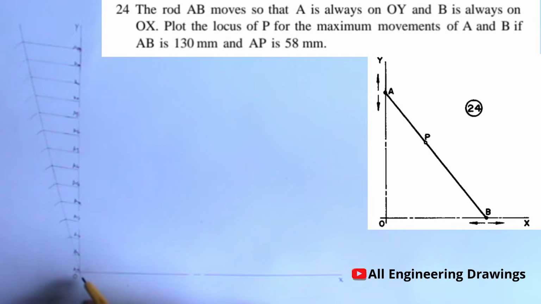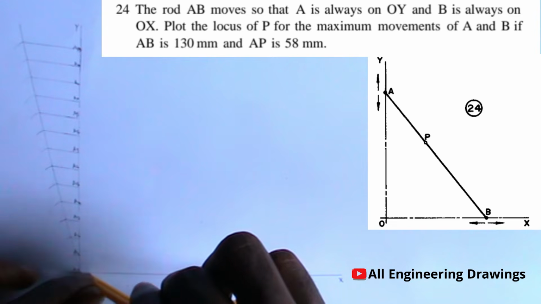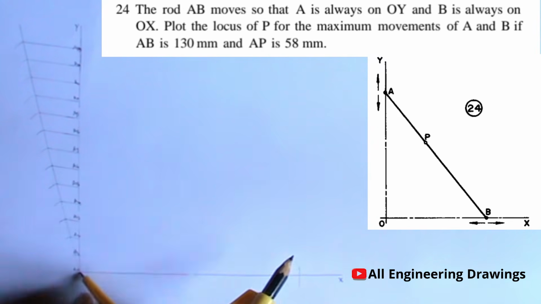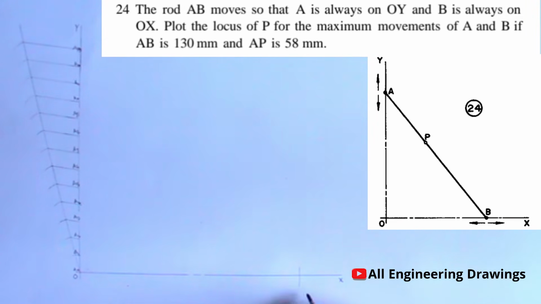You are starting with A0, that is this point. Then you cut an arc this way. You have to label the point where the arc cuts your line OX. You label the point B0.